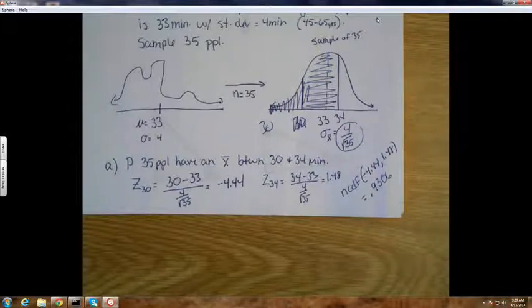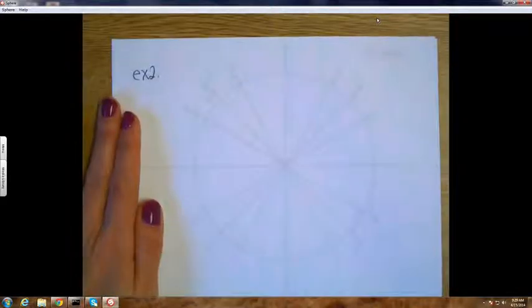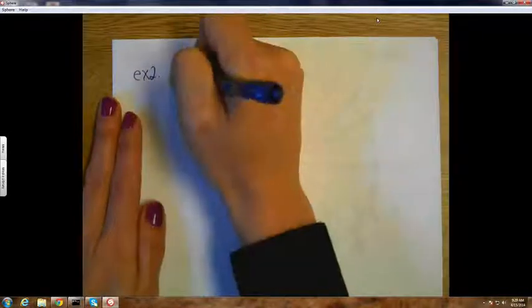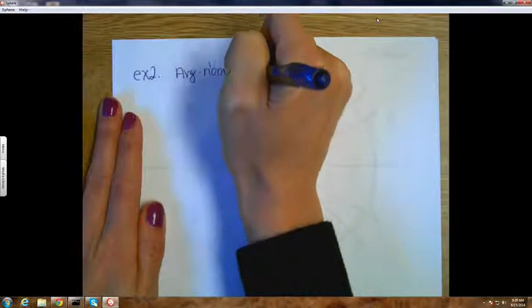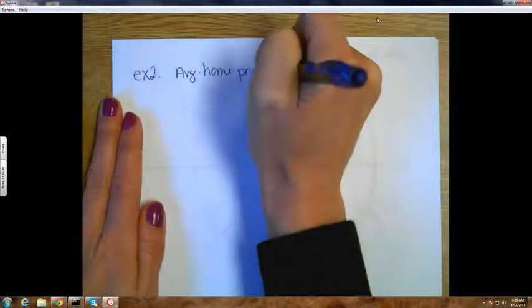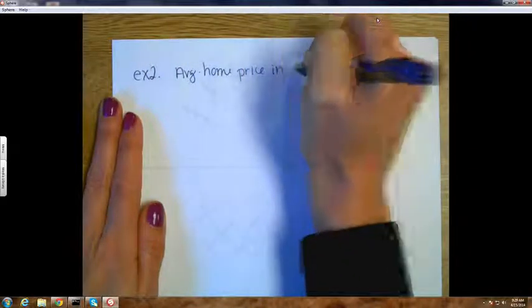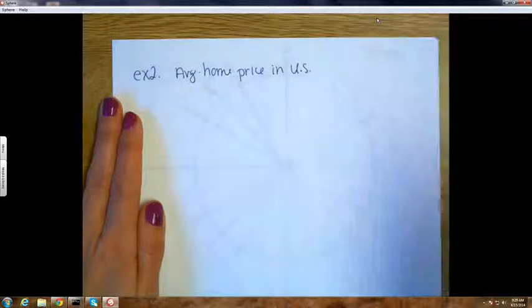I just have 3 examples today. Okay, number 2. We've got the average home price in the U.S. This is old data, but we'll go with it.